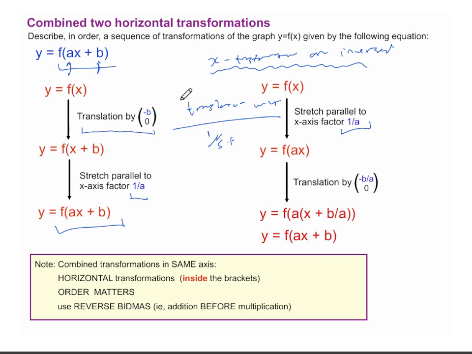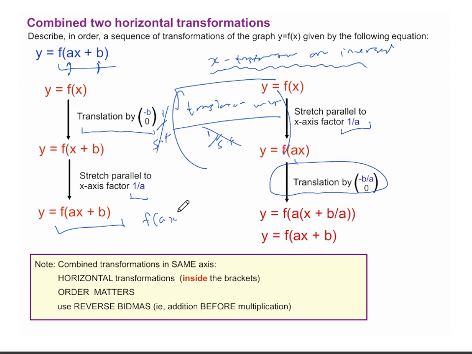And what this does is it would cancel at the end, and then you remain with your translation unit as you did with the previous. But because here the second term is added in brackets, meaning you have, for example, your scale factor and you get f of ax.